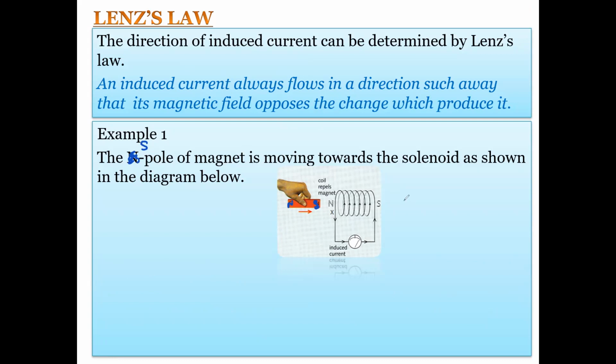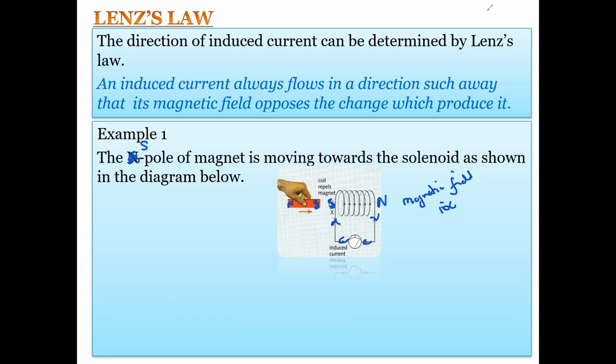Because the magnetic field of the solenoid is increasing. If the magnetic field is increasing, according to Lenz law, the solenoid will try to decrease it. So how can it decrease? By producing the same pole, or like pole. This time south will be here and north will be on the other side, and the direction of the current will be opposite.